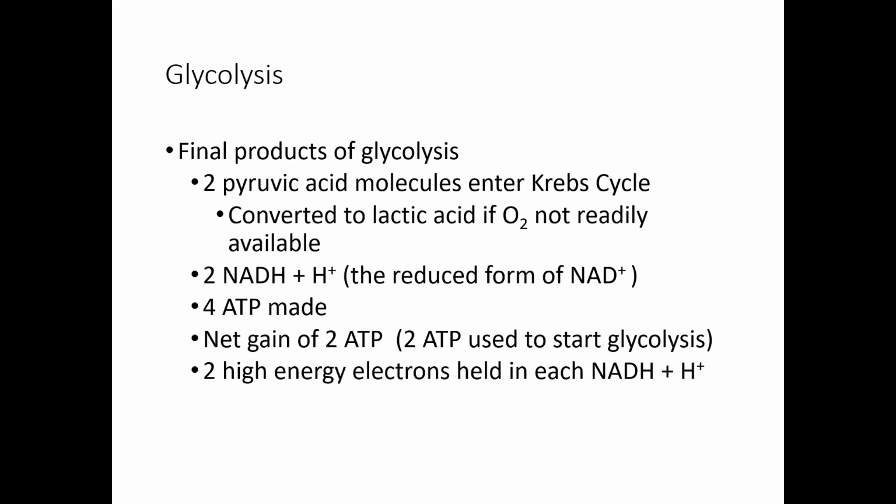The NAD plus will grab the electrons and hydrogens that get released, and they now are carriers. They're carrying those electrons. They are reduced. They have picked up the electrons. They're carrying the hydrogens and the electrons. So you have 2 NADHs plus extra hydrogens that are still attached to it.